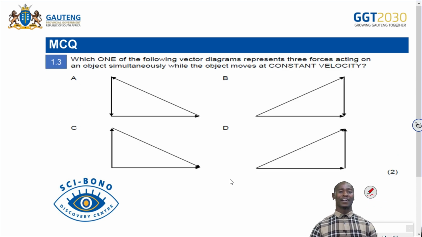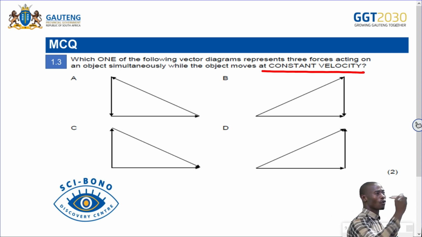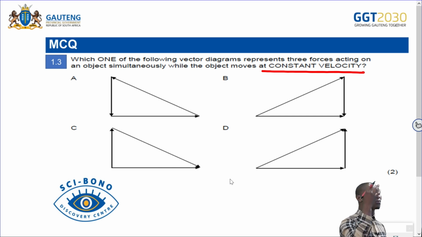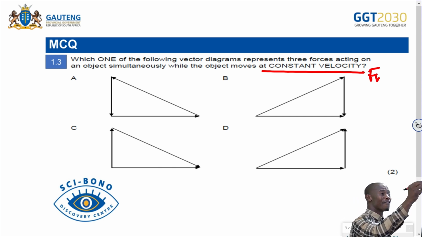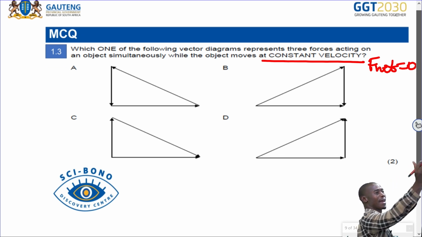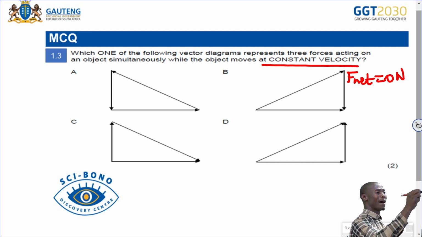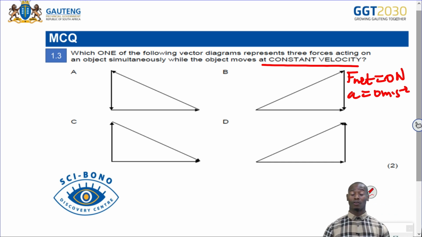Right, let's look at this one. Which one of the following vector diagrams represents three forces acting on an object simultaneously while the object moves at a constant velocity? What comes to your mind? If the object is moving at a constant velocity, my F net will be 0 newtons, and my acceleration will be 0 meters per second squared.